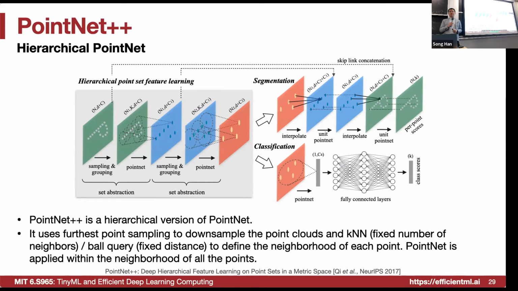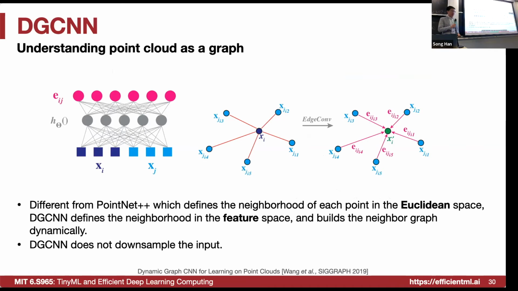So the distance is in the physical space. But here we can define the neighborhood in the feature space. Okay, feature space contains not only the X, Y, Z information, but also the feature information. And then we can build the neighbor graph dynamically.